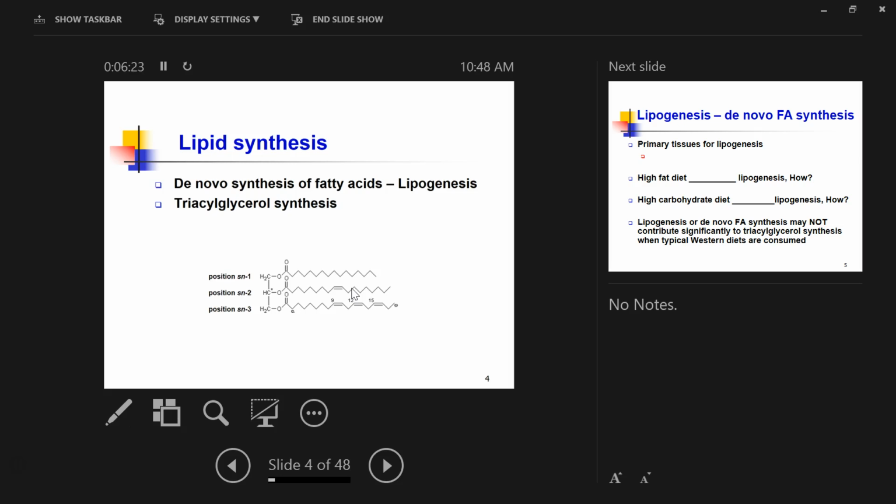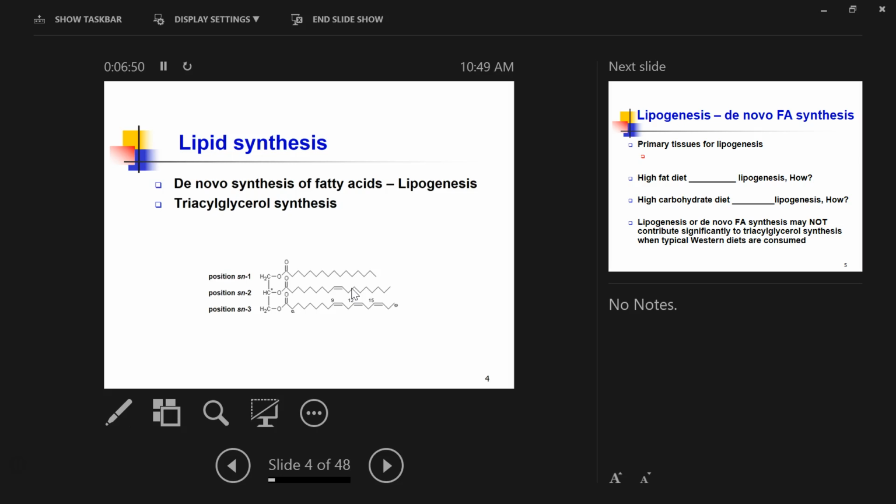De novo synthesis of fatty acids, or lipogenesis, basically synthesizes fatty acids from acetyl-CoA molecules, right? Again, lipogenesis is a process that synthesizes fatty acids from acetyl-CoA molecules.